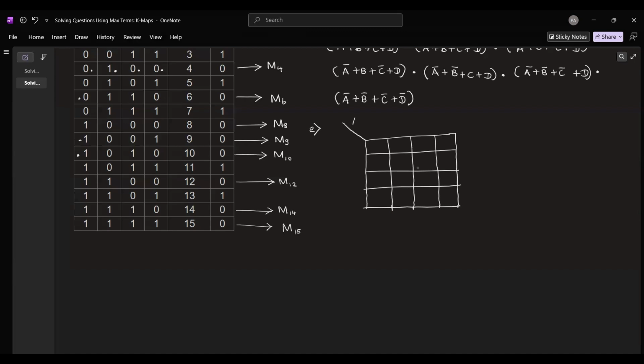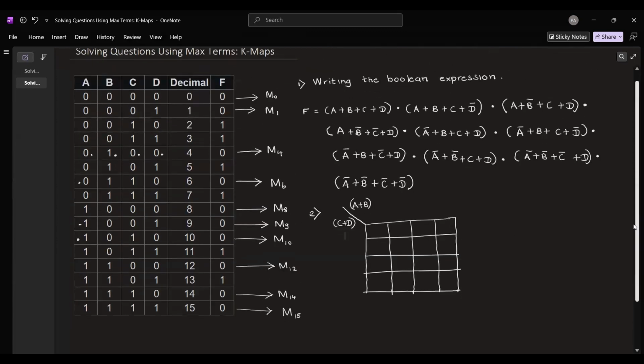Instead of AB, we will name it as A plus B. And here we will name it as C plus D. In minterms, it is just AB and CD, but here it will be A plus B and C plus D. The order really doesn't matter here also. Whether it's B plus A or C plus A, it doesn't matter as long as you include all 4 variables.